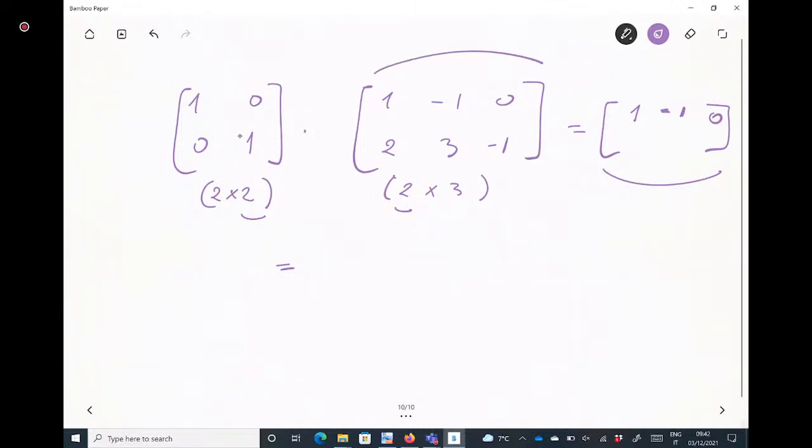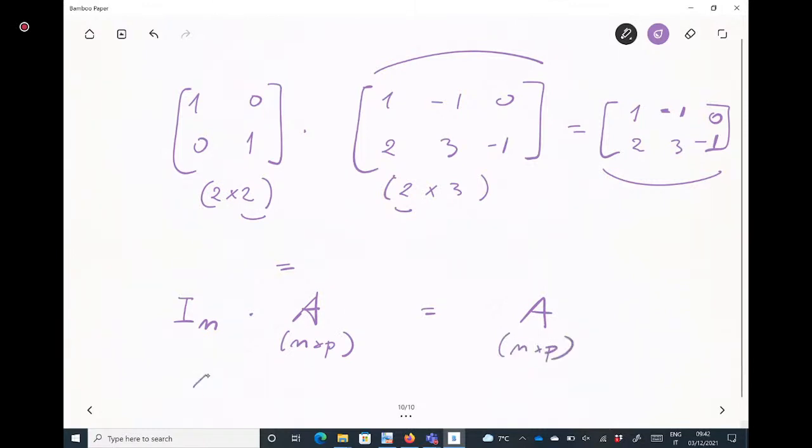Why? Because this plays the same role as 1 in the multiplication between numbers. So if you complete your operation, you see that the result is this one, okay? So the identity matrix of dimension n times any other matrix of dimension, of course, n times p, has as a result the second matrix.